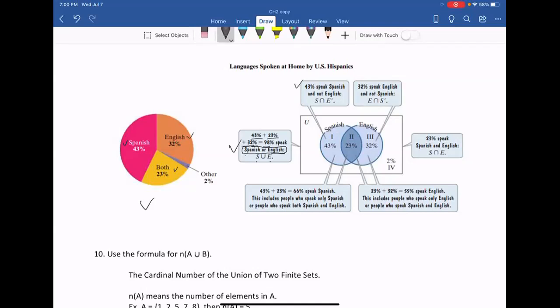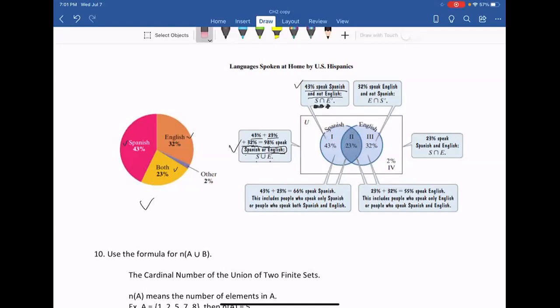Let's see this part. So 43% speak Spanish and not English. That is region 1. So this means only speak Spanish, and the people don't speak English. So the Spanish part, and deduct this part, we have region 1 left.